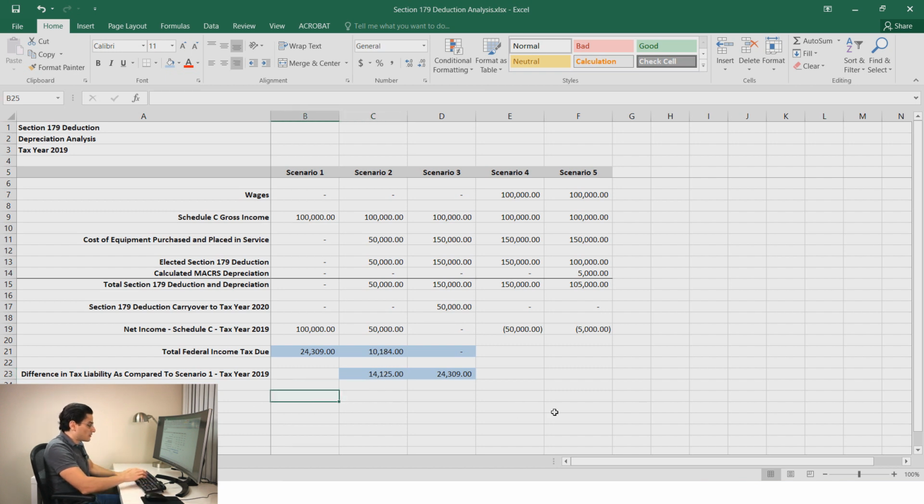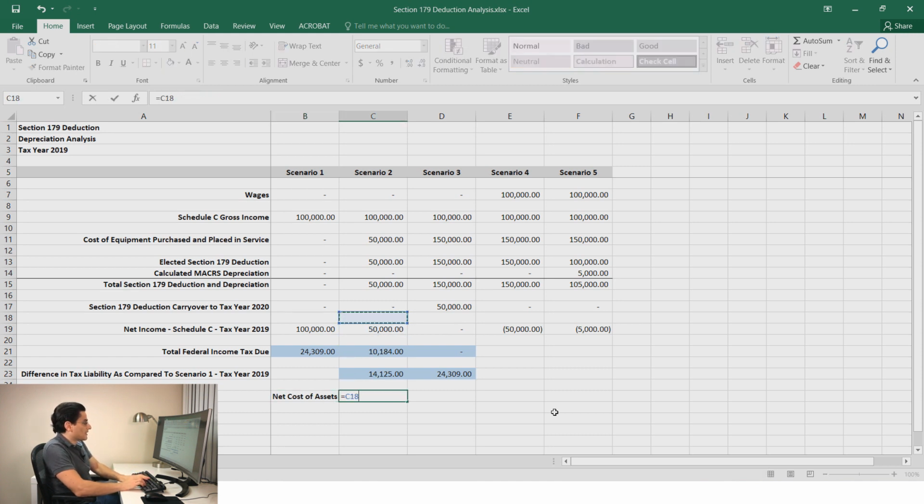So really, if you want to look at the net cost of assets, one way to look at it is to say, we placed in service $50,000 in assets, but we got a tax savings of $14,125. That brings the net purchase price, if you will, to $35,875.